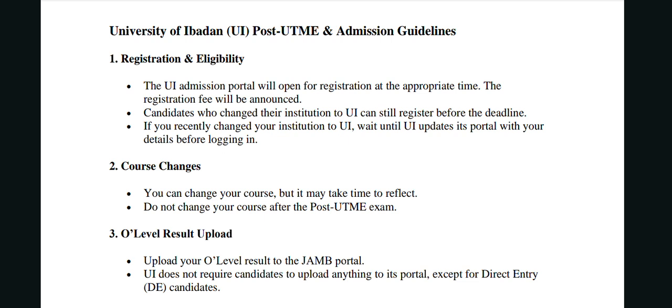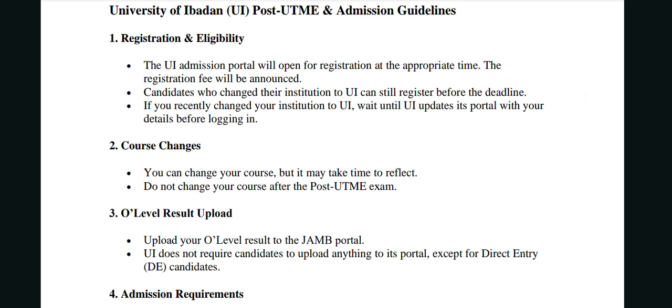When the portal is open for post-UTME and direct entry registration, the school management will announce it. And if you are still asking when will it be open, that's a wrong question as well. There's no way I can answer you. I will just tell you the school management will announce it. There are some wrong questions that I used to receive and it's very stressful to be answering those questions.